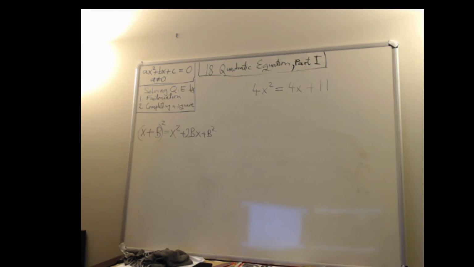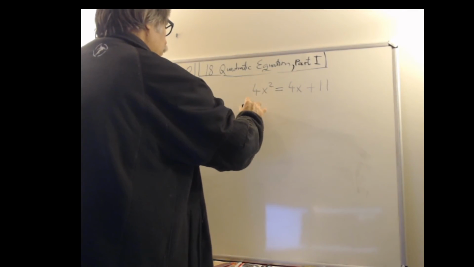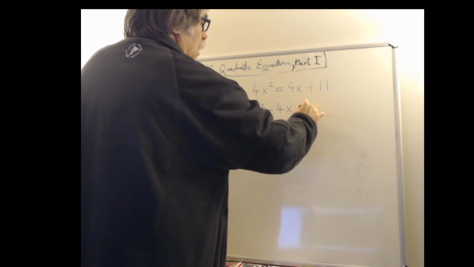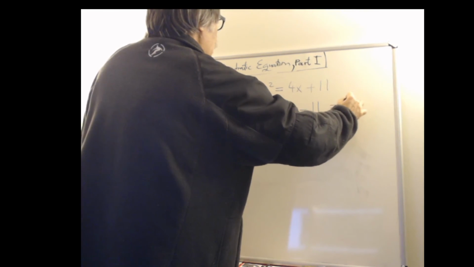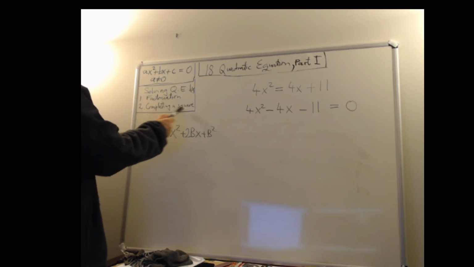And I already said you can turn this into standard format, and now you can try to factorize, but you will not find a factorization because there is no factorization here with integers, not even with fractions. So the only thing you can do here is to use the method of completing a square.